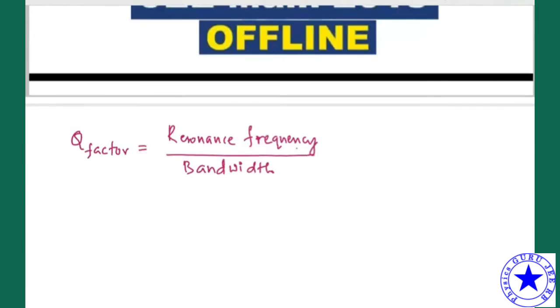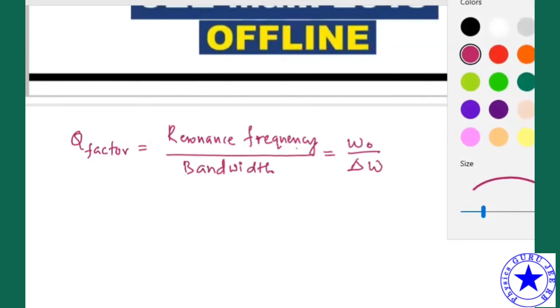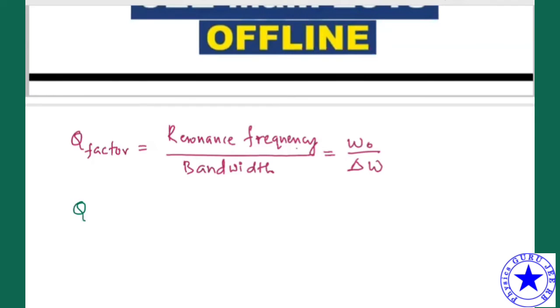Quality factor is defined as the ratio of the resonance frequency to the bandwidth, or simply omega naught divided by delta omega. Quality factor can also be expressed in other forms: Q is equal to VL by VR, or VC by VR, or omega naught by delta omega.